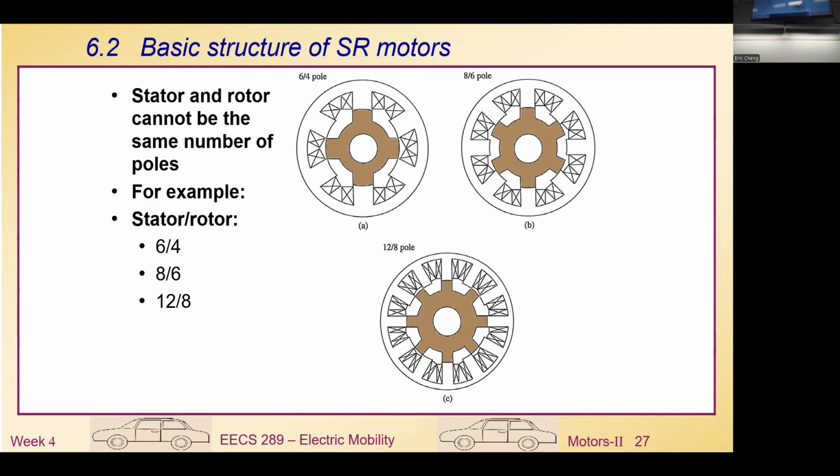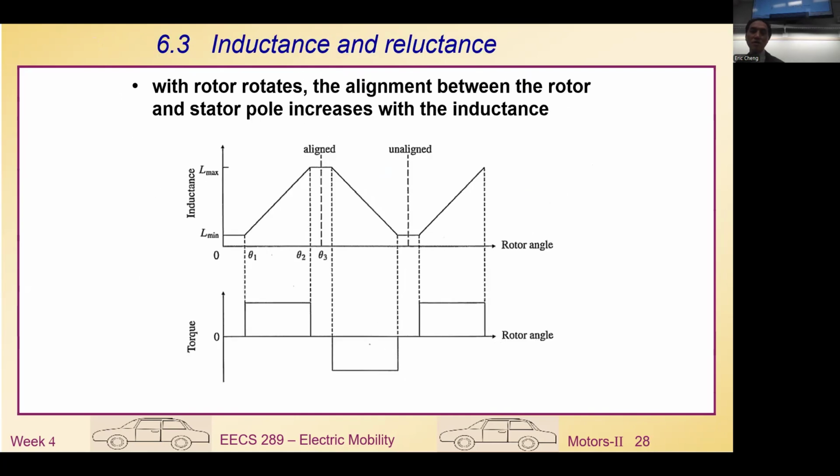So they are not aligned. If the flux goes through here, there will be really high reluctance. But if the flux goes through here, there will be much lower reluctance. All the metal here is silicon iron, which is really conductive to the magnetic flux, but we still need this alignment so that they are able to conduct the flux. That's called aligned or unaligned. That's what we talk about here, aligned and unaligned.